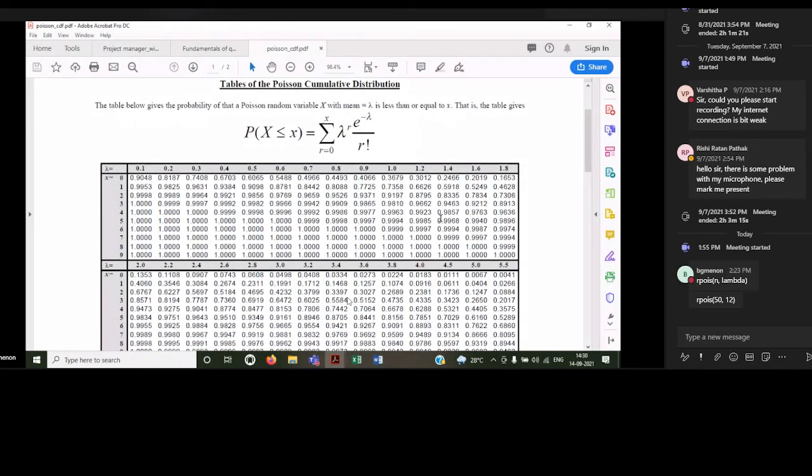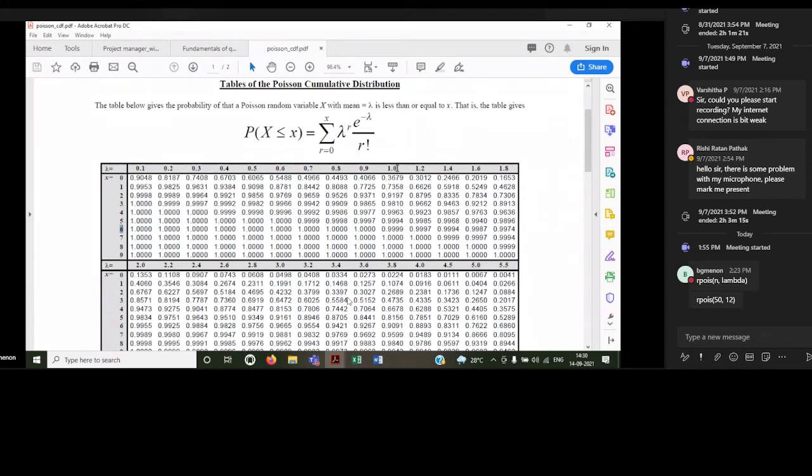What do you mean by UCL 6? UCL is actually X in the chart, X along the column. So the X value is 6, because it is X less than or equal to UCL. And what is the C value? C value is 1, so 1 is actually lambda along the row.